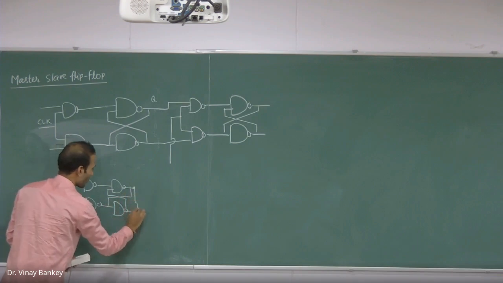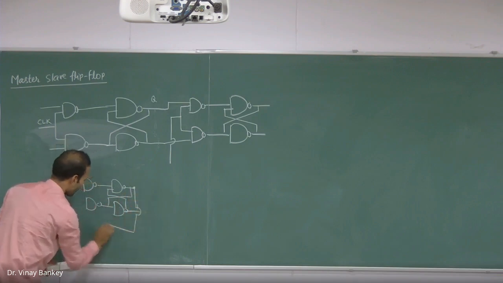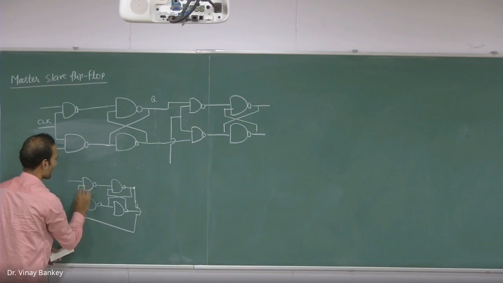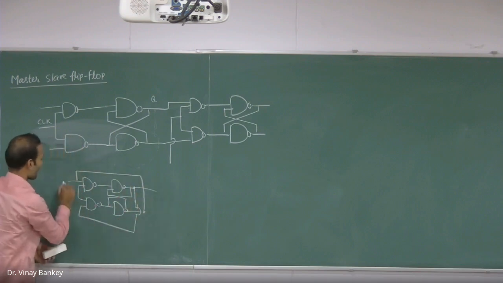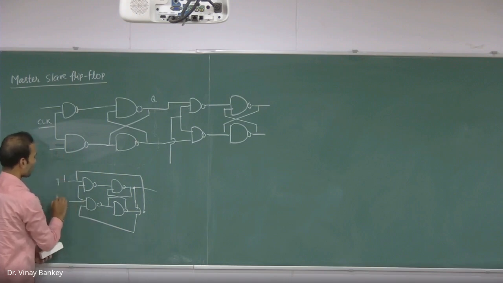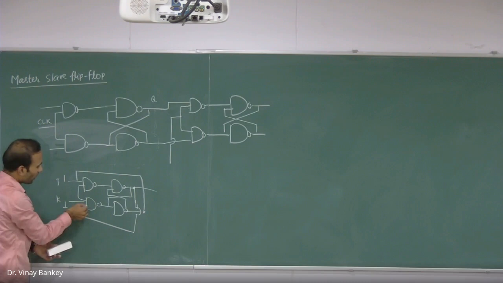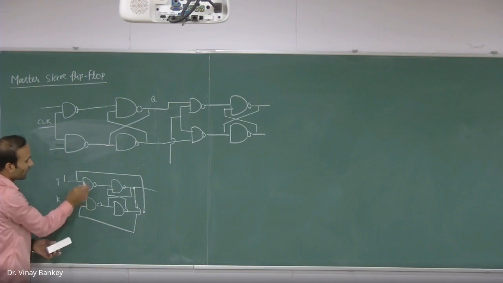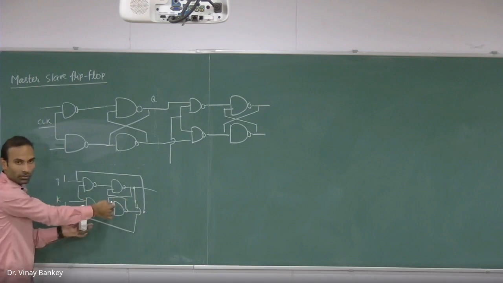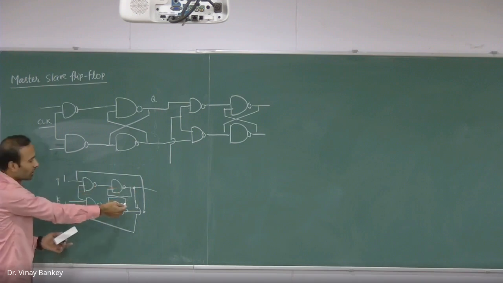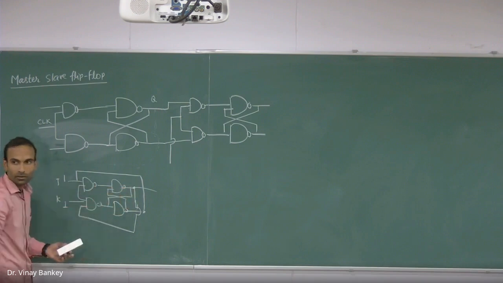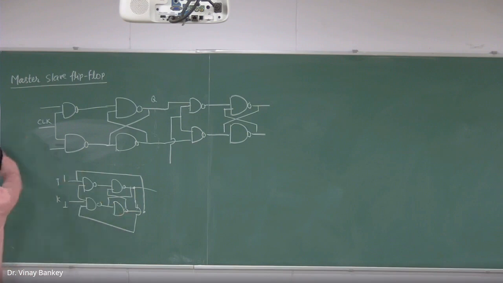This output is connected to the input of this, and here you have this one. So whenever you apply 1 and 1 at the JK flip-flop, one of the inputs of these NAND gates is the output connected from here. That's why this race around condition is occurring.